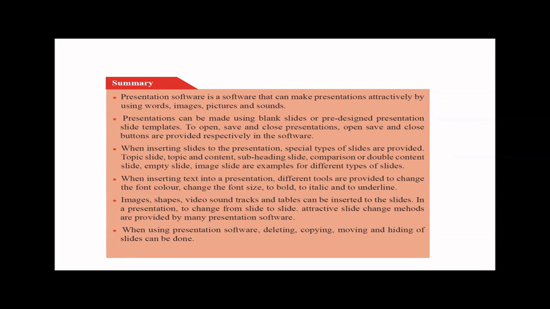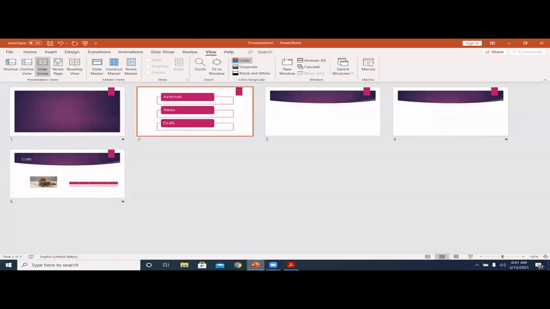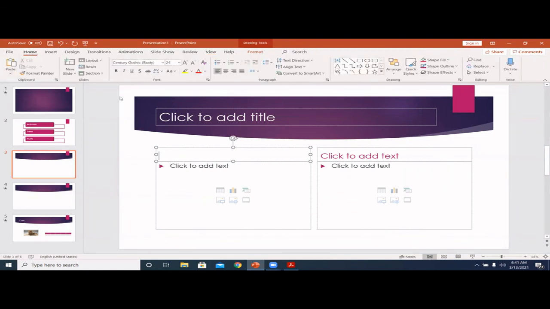So when you insert a text, let me quickly explain that as well. When you insert a text for a slide, you can do different text things, right? For example, if you select this text, you can make it bold, italic, underline, right?